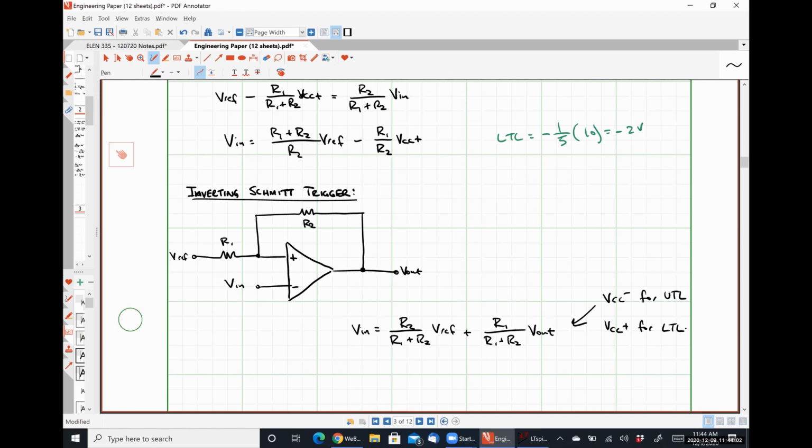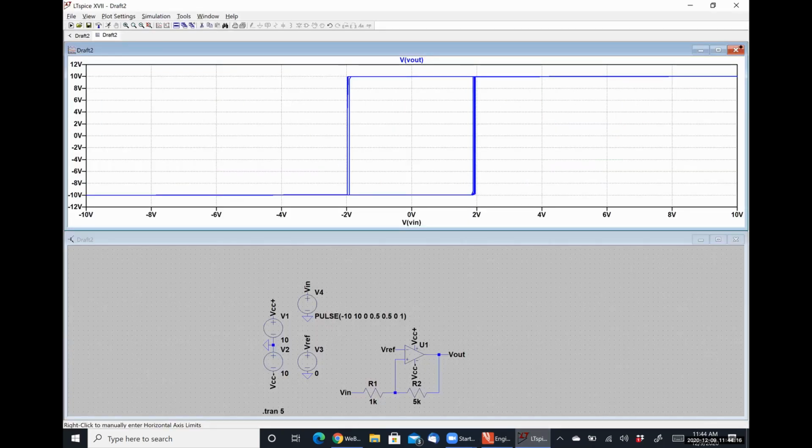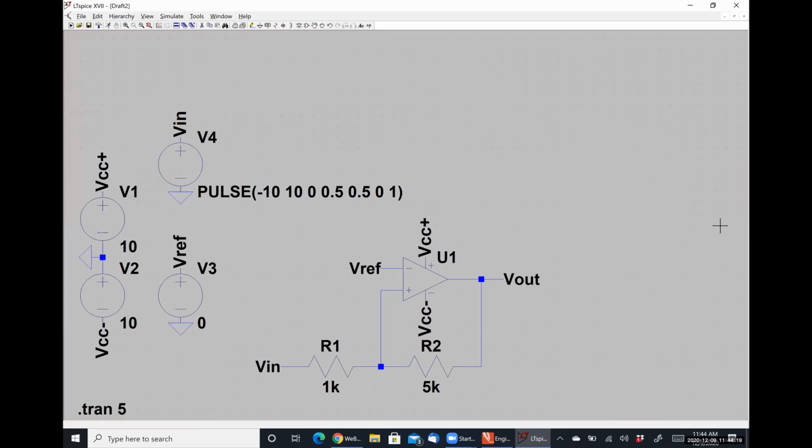And that's how we get our upper trigger and lower trigger limits. So, let's see. In this case, R1 is 1 and R2 is 5.